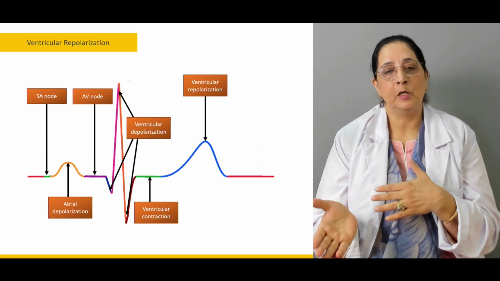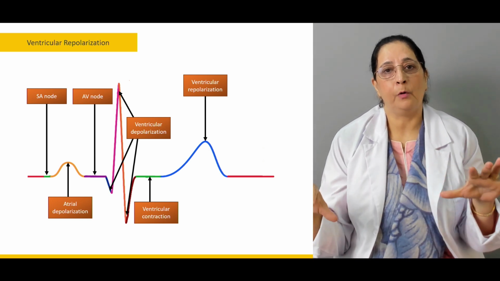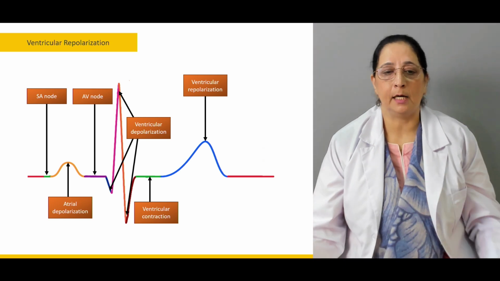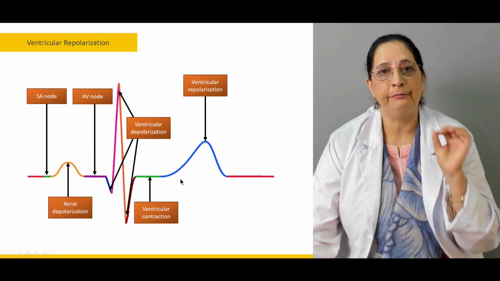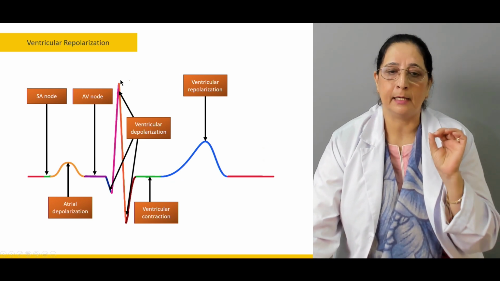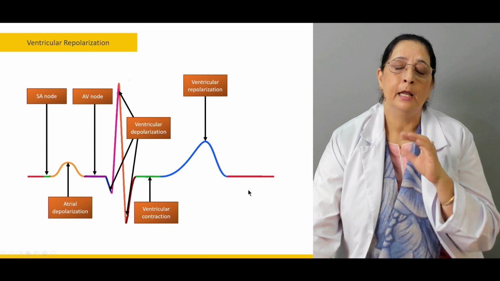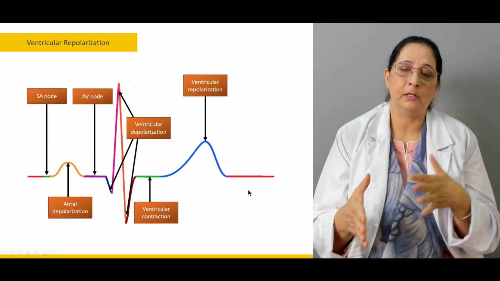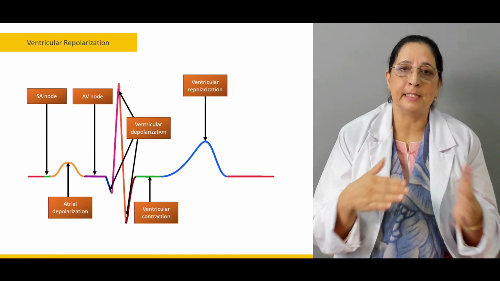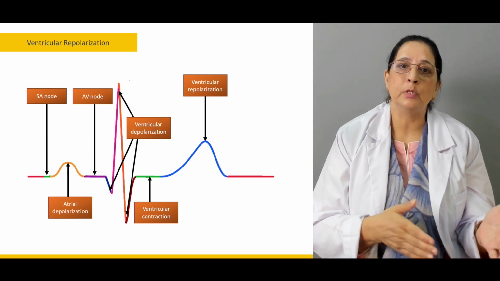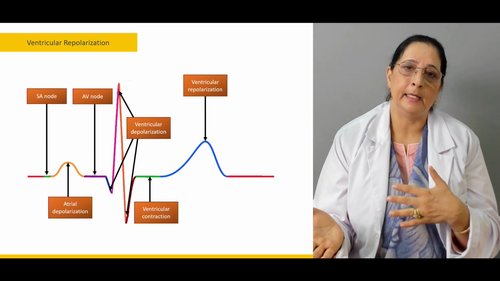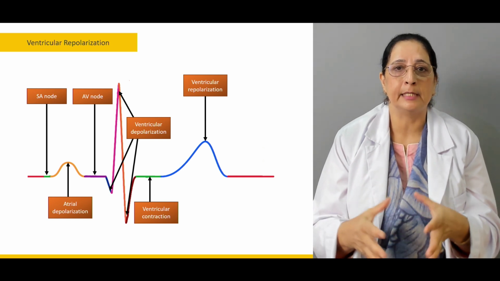Each time the heart beats, we feel that pulse, and that is the cardiac cycle. The heart rate is roughly 60 to 90 beats per minute. Anything below 60 is bradycardia, anything above 90 is tachycardia.